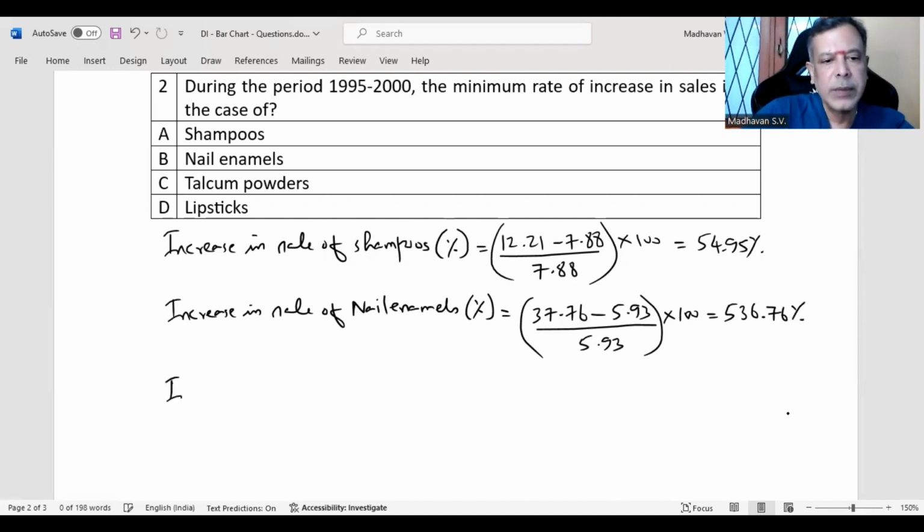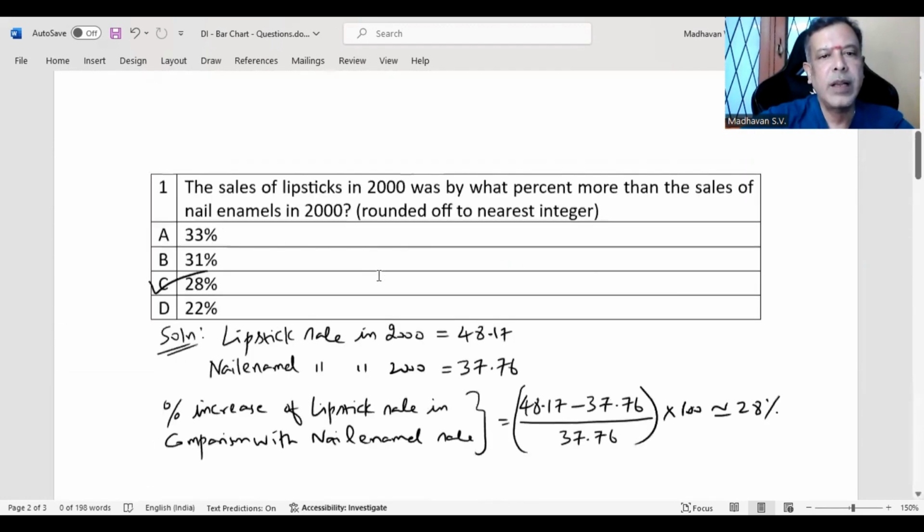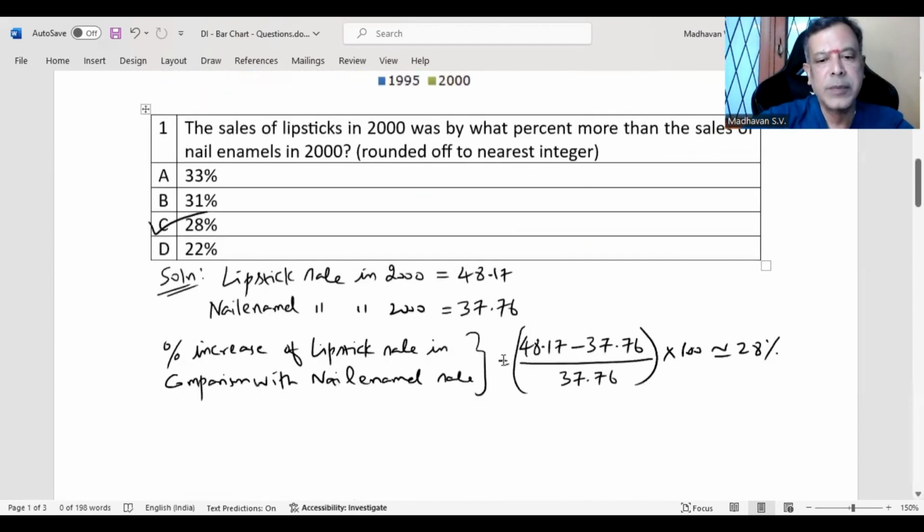The next product given in the option is talcum powder. So increase in sale of talcum powder in percentage will be, let us see the graph again for talcum powder. In 2000, it is 29.14. In 1995, it is 14.97.